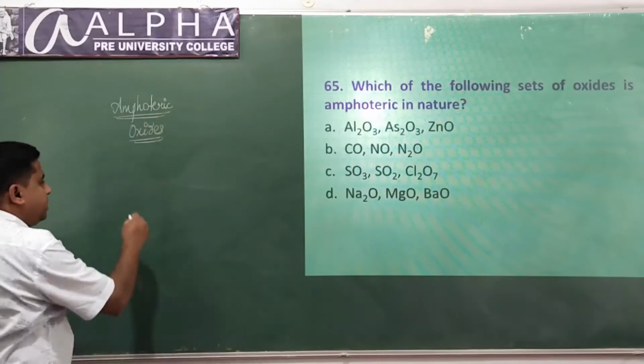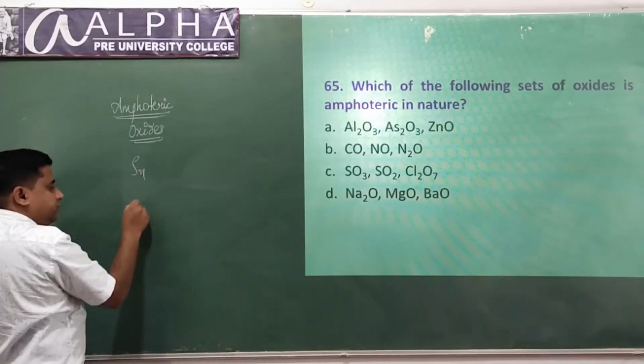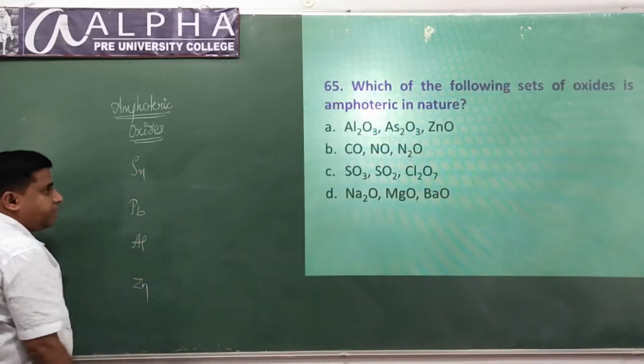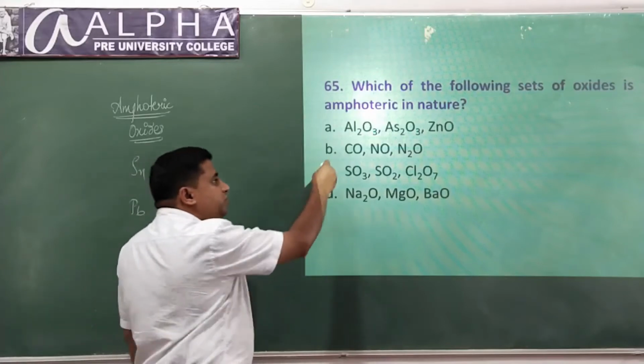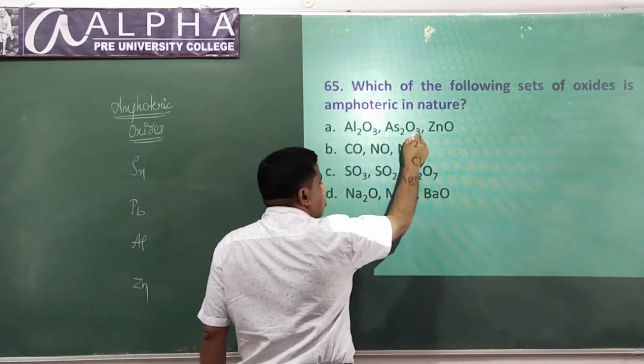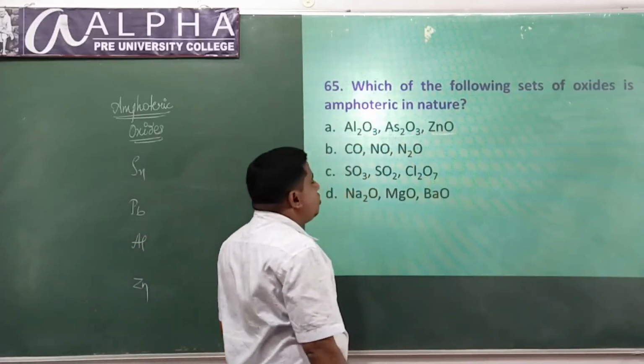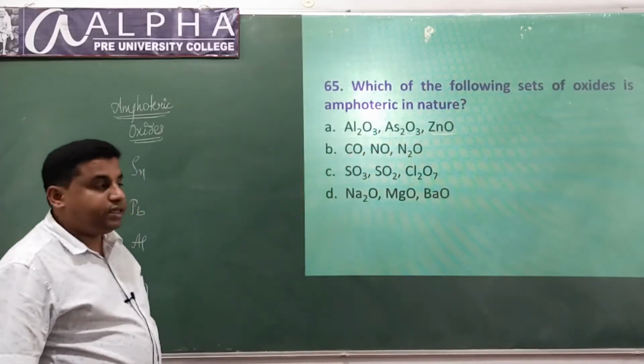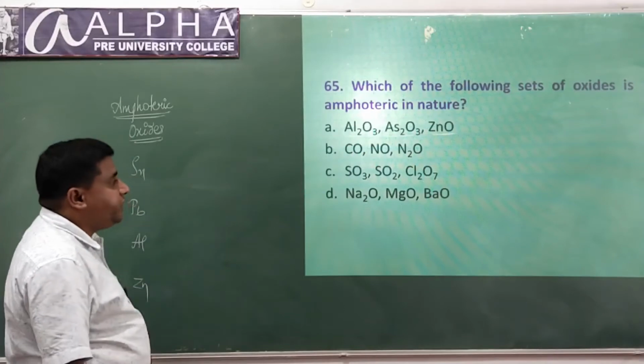Tin, lead, aluminium, zinc, correct? So we have aluminium oxide, arsenic oxide and zinc oxide. Aluminium oxide and zinc oxide are obviously amphoteric oxides.